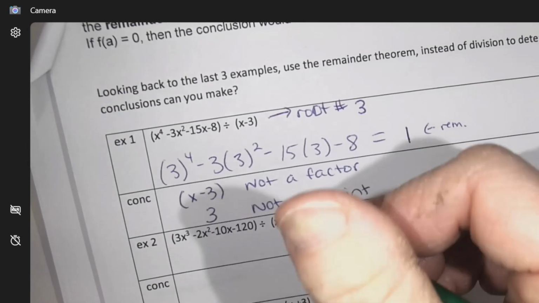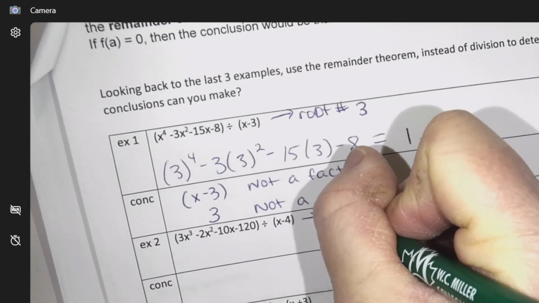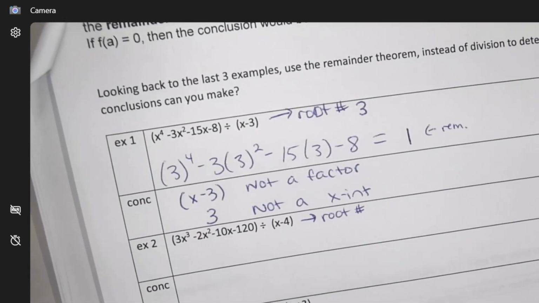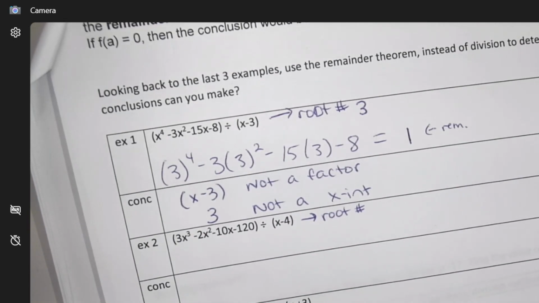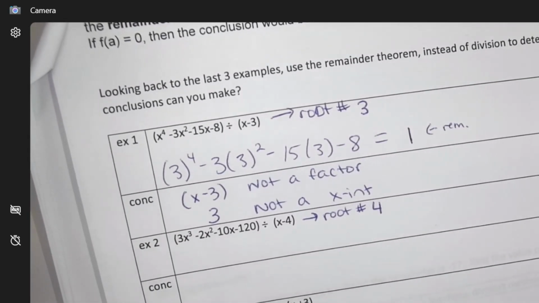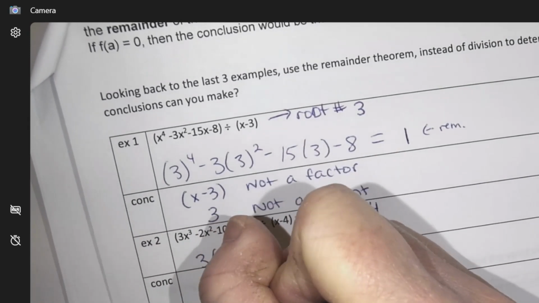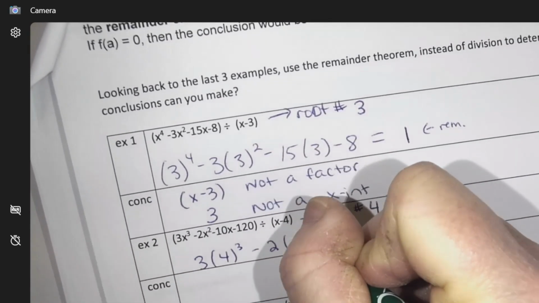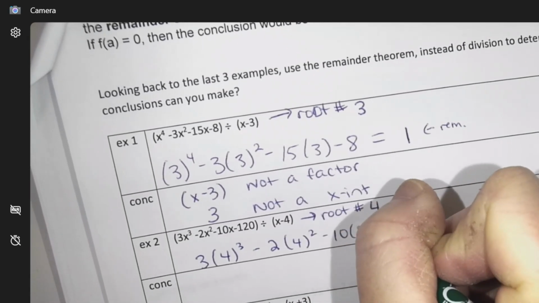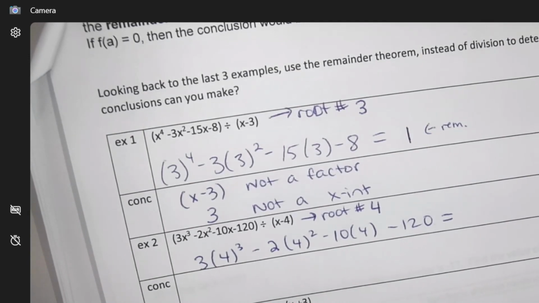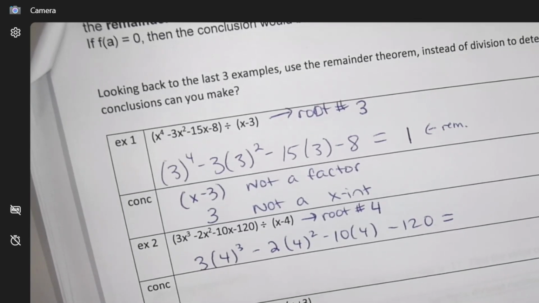Okay, next one. So you have to think about, well, what is the root number? You're always doing the root number. So positive 4. So you're going to plug in the positive 4. Okay. Typing, typing, typing. And see what you get.